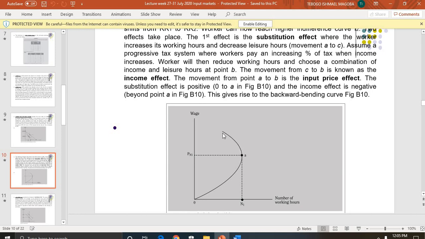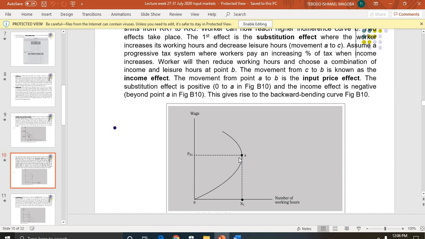Because now he realizes that the opportunity cost of leisure is high, meaning that I'm better off spending more time not at work, being able to maybe go on a holiday, go shopping, spend time with your family.